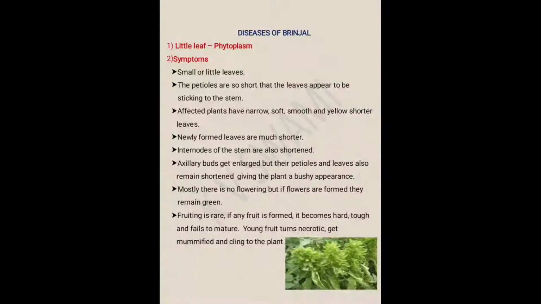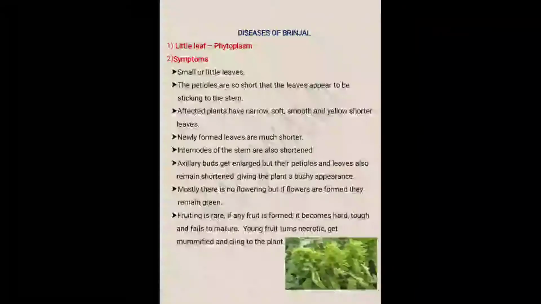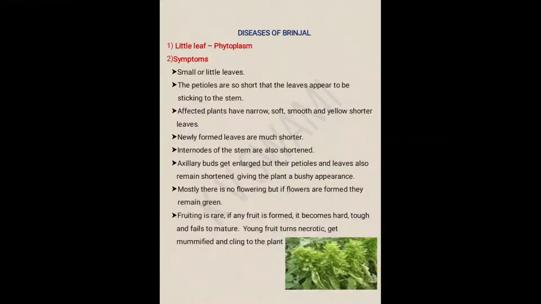The small or little leaves, that's why it is called as little leaf of Brinjal. It is the characteristic symptom. Characteristic symptom is what? That is only particularly related to that one disease.